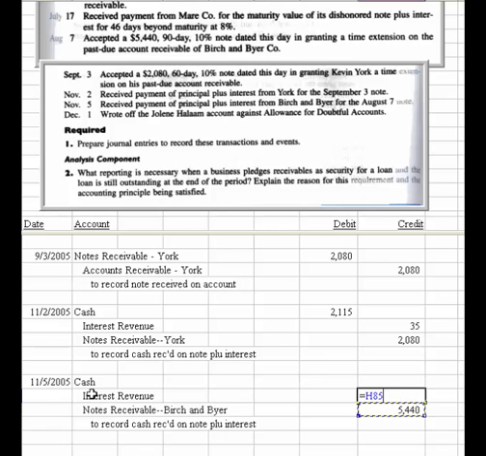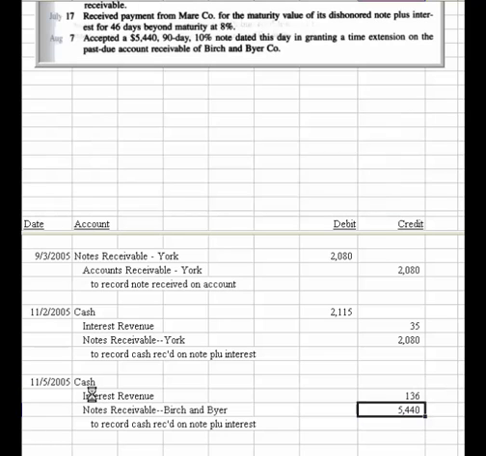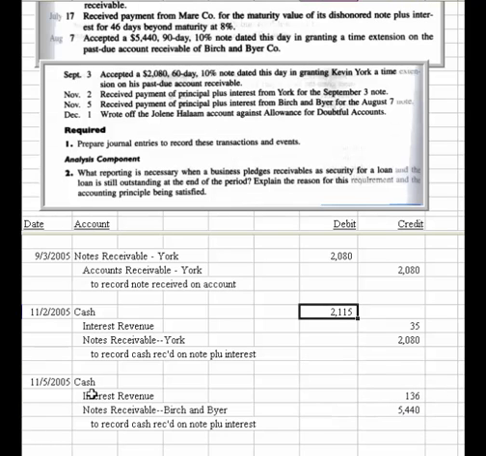This time I'll just use relative referencing rather than typing it in, times Birch and Buyer was 10% also, times 90 days divided by 360, using 360 days in the year, which is fairly common. Sum that, we get the proper amount, and we've taken care of the 11-5 transaction.